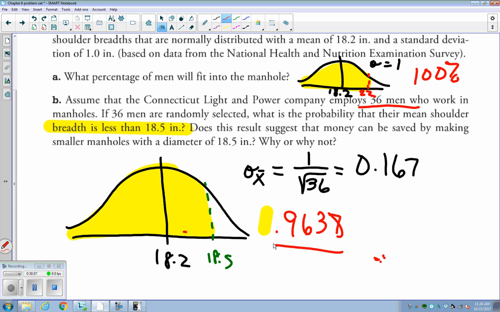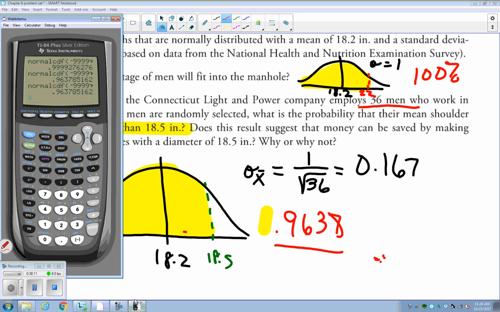Okay. Plug it in. Second distribution. So our upper limit is going to stay 18.5. Our mu is 18.2. But now I just want the entire population. So I go back to my standard deviation of 1.